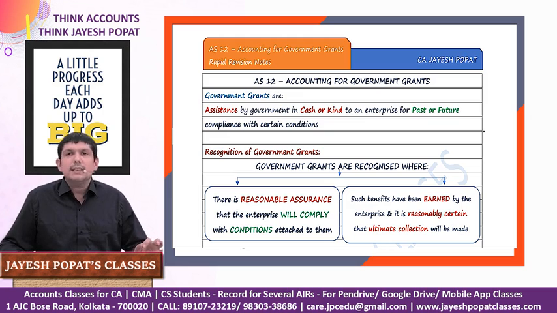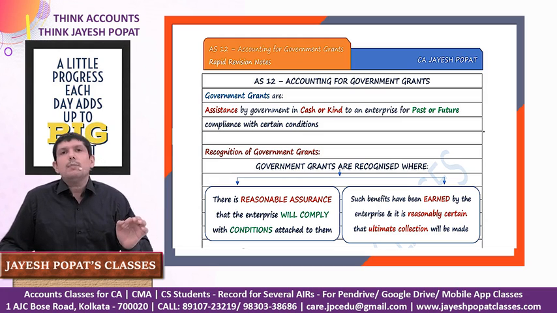Basically these government grants are help or assistance provided by the government. This assistance can be in the form of cash or in kind, meaning some non-monetary assets may be provided, but it is provided to an enterprise for either past or future compliance of certain conditions.